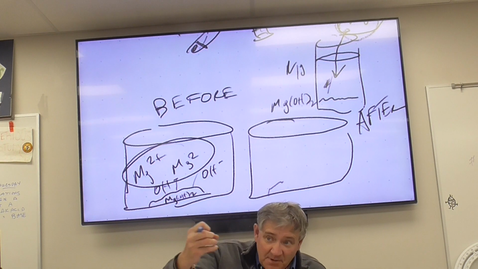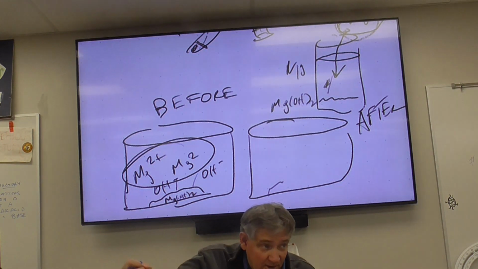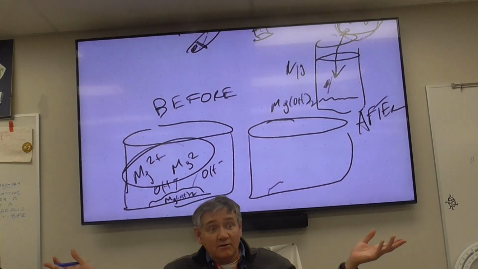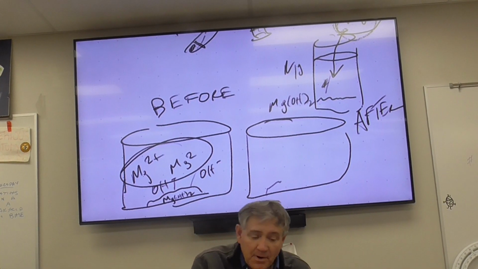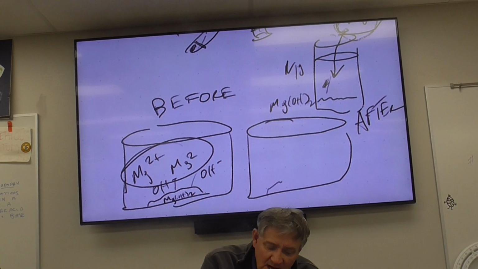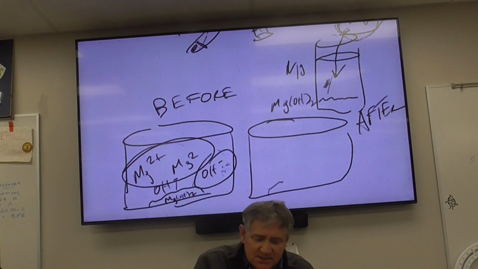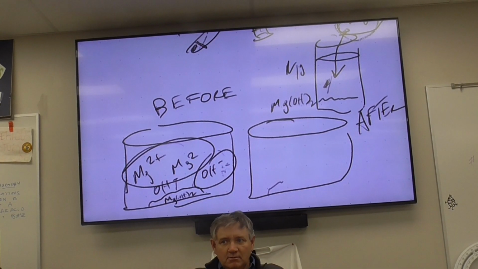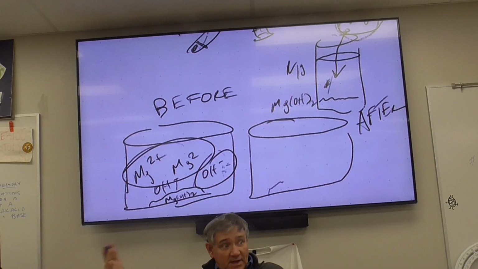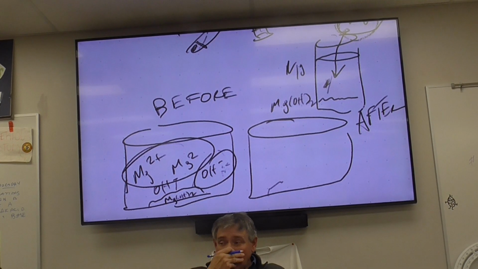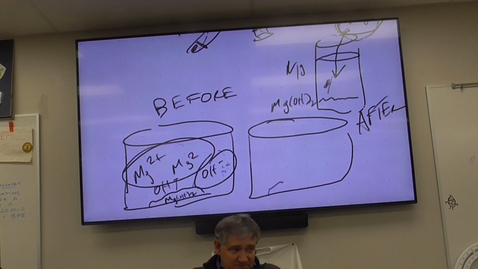So your magnesium ion concentration is actually going to go up because it's dissolving, right? But what's the hydronium ion and the hydroxide ion going to create? So that's what you want to show, okay? It doesn't have to quantify it. Well, you're not going to draw 6.02 times 10 to the 23rd water molecules.